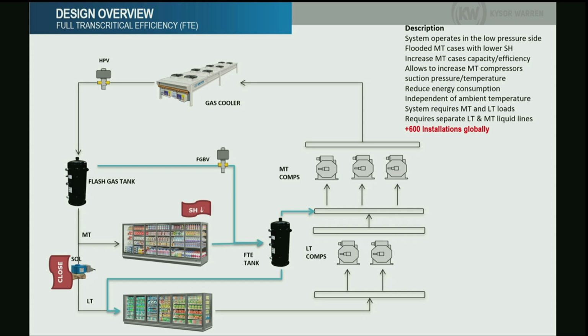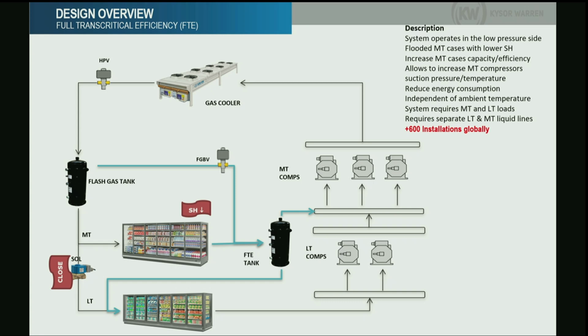Basically, think of it like a big suction accumulator, right? The liquid that we have here, we collect into the FTE tank, and from the top, we take only vapor going into the suction of the medium temperature compressors. So we still protect the compressors, because we send vapor only.